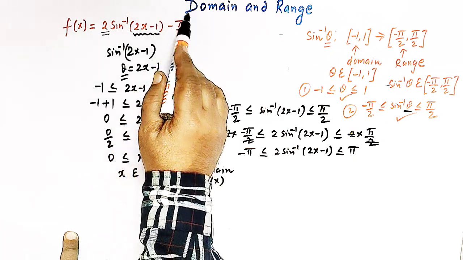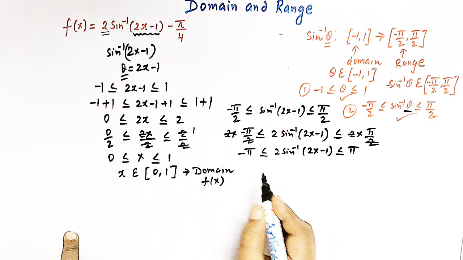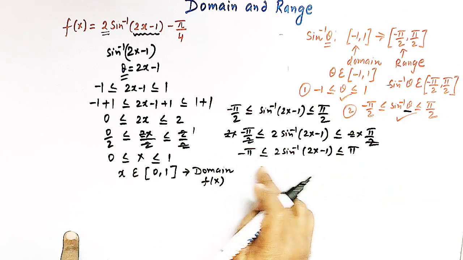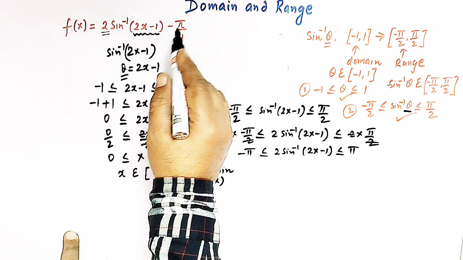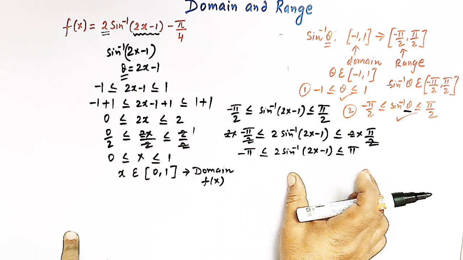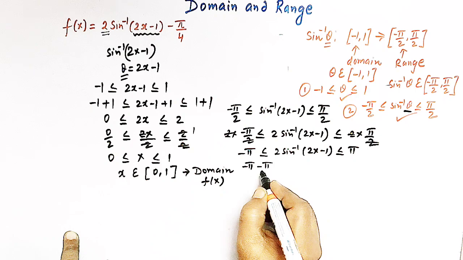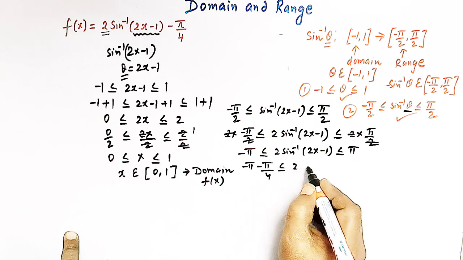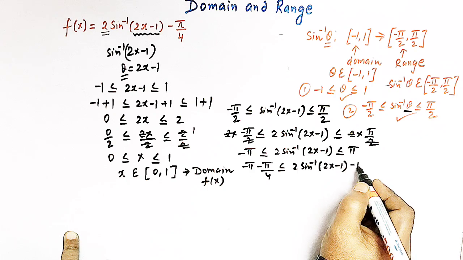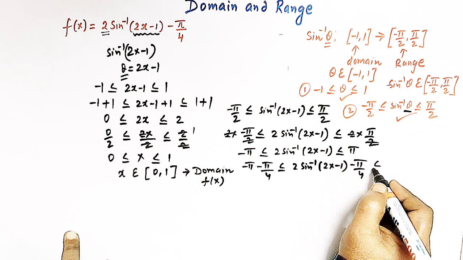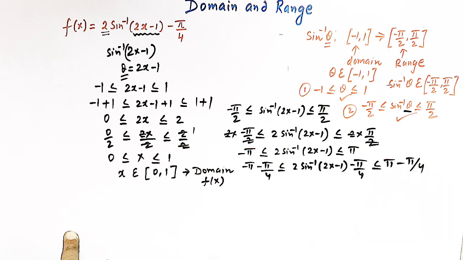So now here we have an additional term, that is minus pi by 4. So let us subtract pi by 4 throughout. So subtracting pi by 4 throughout in this inequality, we have minus pi minus pi by 4, and then we have 2 sine inverse of 2x minus 1 minus pi by 4, and then we have pi minus pi by 4, right?